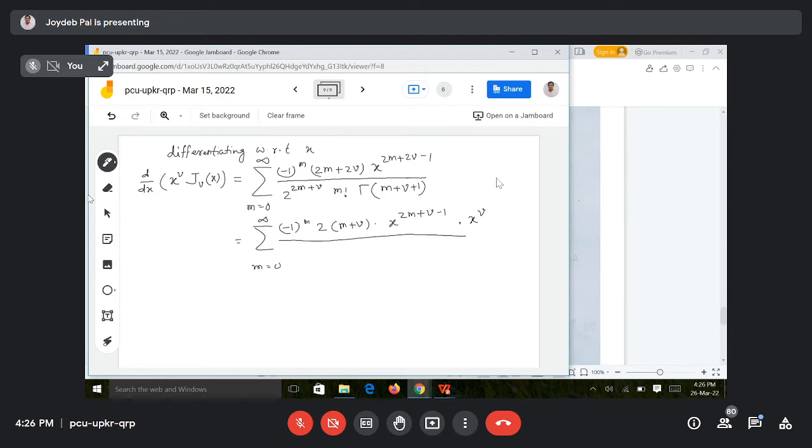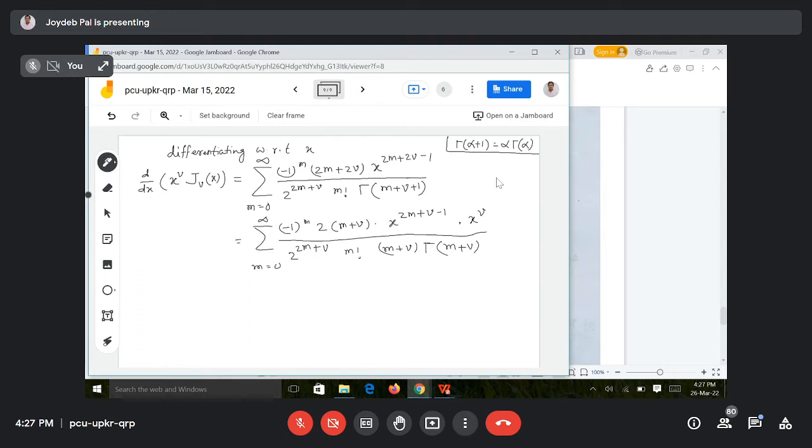Divided by 2 to the power 2m plus nu, then m factorial, then gamma of alpha plus 1, that can be written as alpha gamma alpha, right? By the property of gamma, gamma of alpha plus 1 is equal to alpha gamma alpha. So can I write gamma of m plus nu plus 1 is equal to (m plus nu) gamma of (m plus nu)? By applying the property again, gamma of alpha plus 1 equals alpha gamma alpha. Here alpha is actually m plus nu.